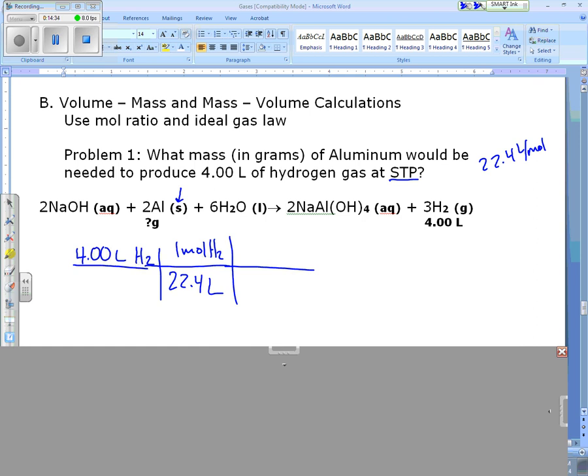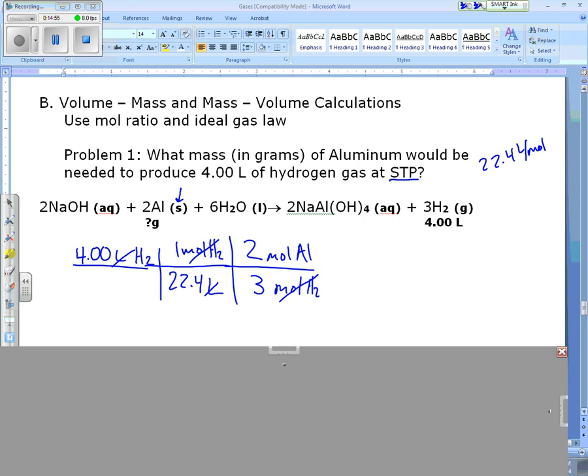So do. Mole of H2 is on top, so mole of H2 here. And then mole of aluminum, where the question mark is. You fill it in with the coefficients. Coefficient for hydrogen is 3. The coefficient for aluminum is 2. Moles of hydrogen are gone.